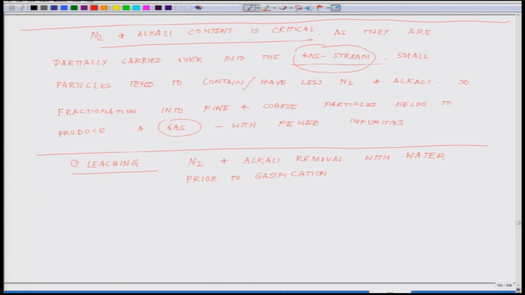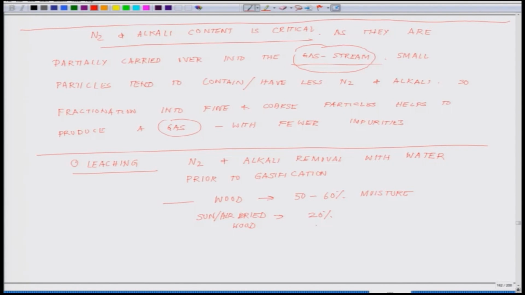Say, for example, fresh wood directly from the forest contains 50 to 60% moisture. Whereas if we sun dry or air dry the wood, it contains around 20% moisture.